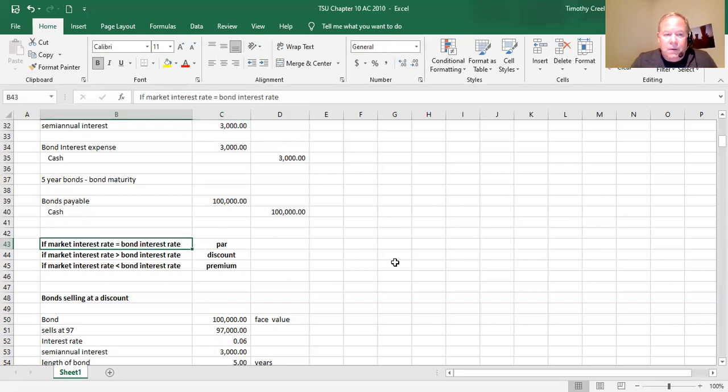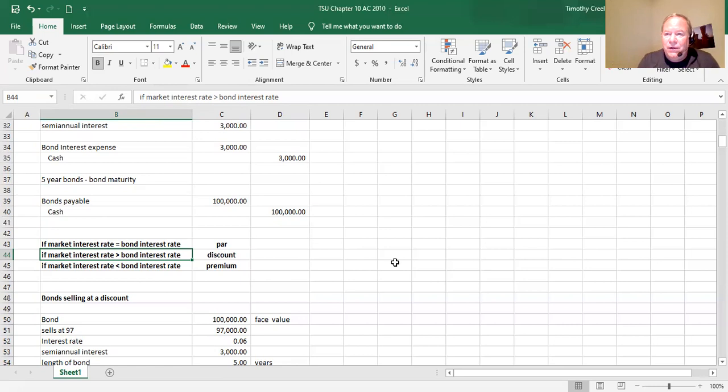But what if the market rate of interest is greater than what I'm willing to pay on my bond? What if the market rate of interest for similar bonds is 6%, but I'm only paying 5% on my bond? Then my bond is going to sell at a discount. Since the market rate is 6% for similar bonds and I'm only paying 5%, why would investors buy my bond?